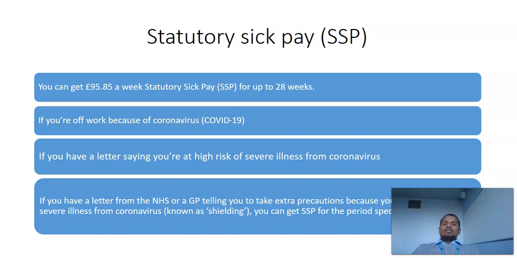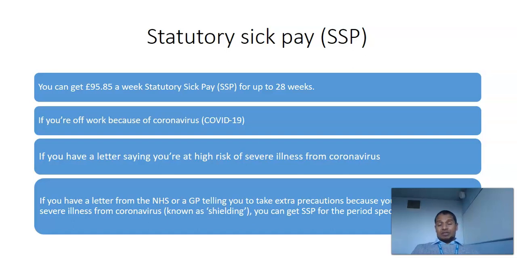In case of statutory sick payment, you can get £95.85 a week for up to 28 weeks. So weekly 95.85 statutory sick pay you can get. If you are off work because of coronavirus, you can get this amount if you have a letter saying you are at high risk of severe illness from coronavirus.